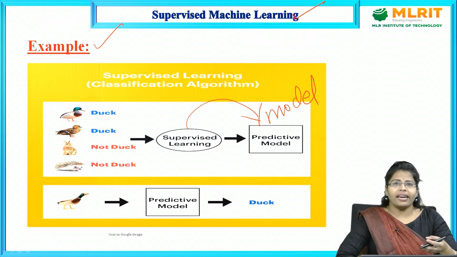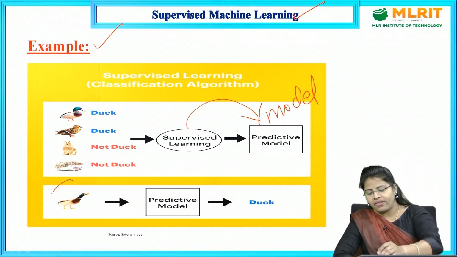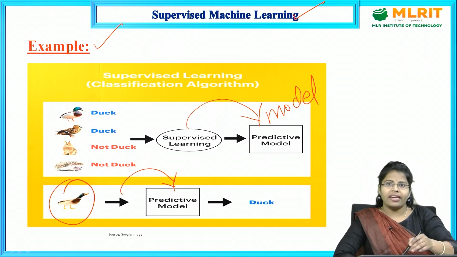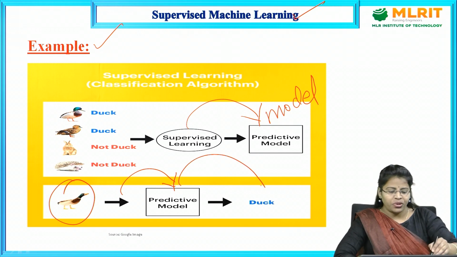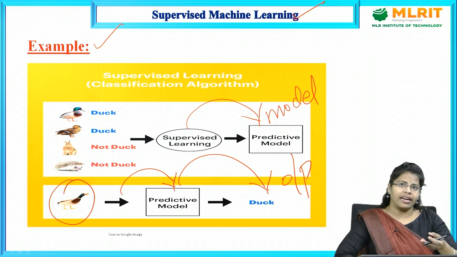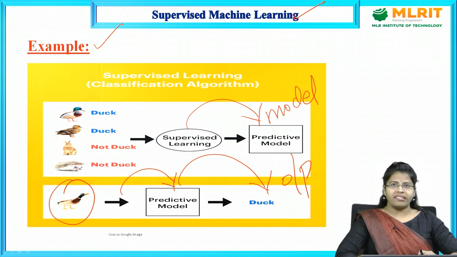After giving training to the model, whenever we give a new input to this model, it is going to predict the output that the image is a duck. That's how we give the training to the machine learning algorithm and develop the model to predict the output.